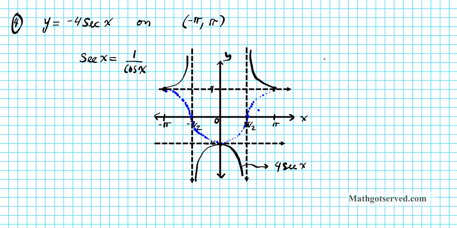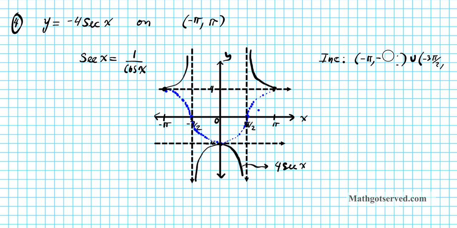Let's go ahead and do our analysis. Where is this function increasing? This function is increasing on two intervals, from negative pi to negative 3 pi over 2, where it goes to infinity. And then down here, it's also increasing from negative 3 pi over 2 all the way to, okay, I think I made a mistake here.